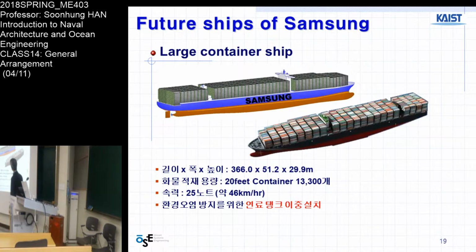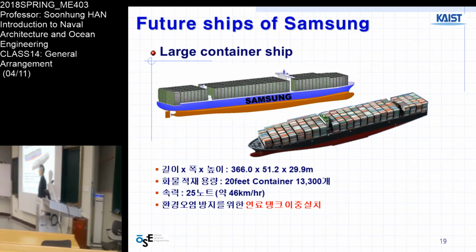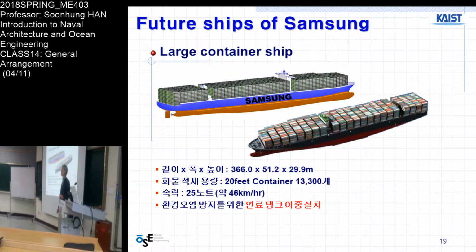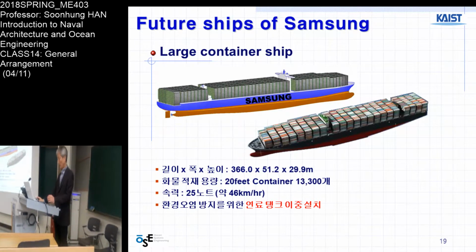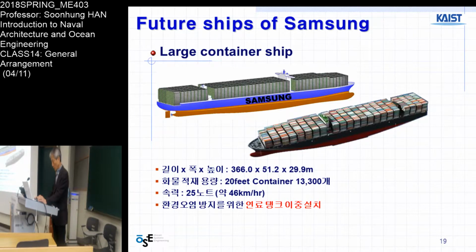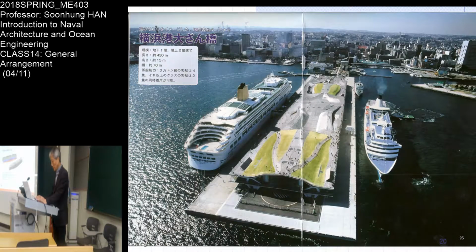They may have a ship already built because it is only 13,000 TEU. An 18,000 TEU container ship has already been launched by Maersk Line, so this is smaller than that size. Okay, and then go on to this video.